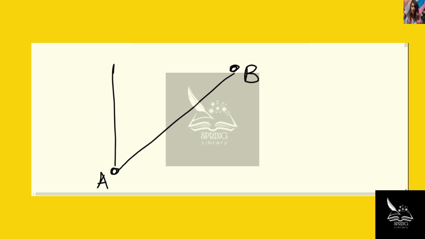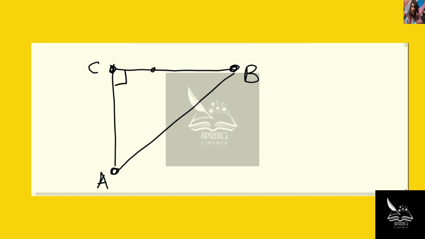So again, drawing a diagram like in example 4, we have a triangle with 3 points A, B, and C. It's a right triangle.